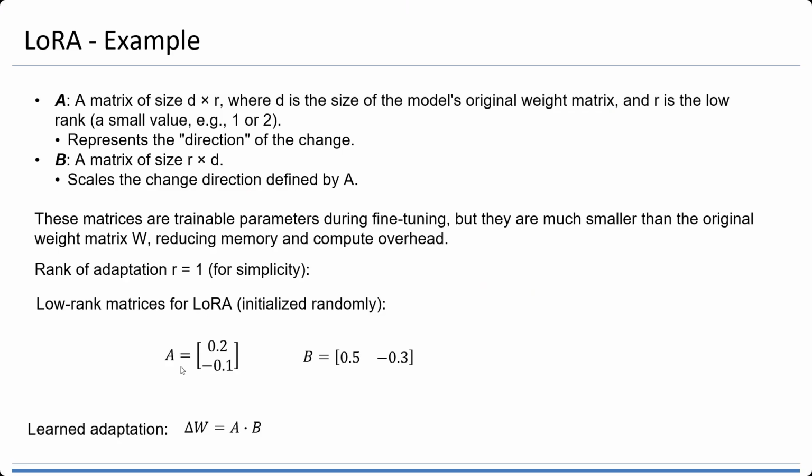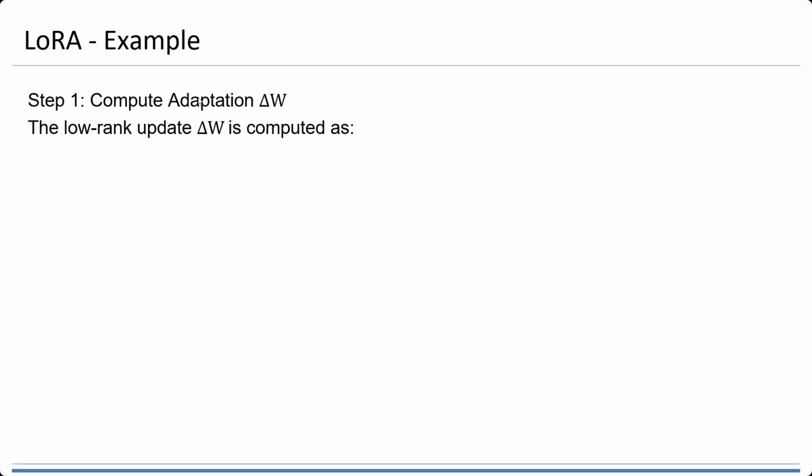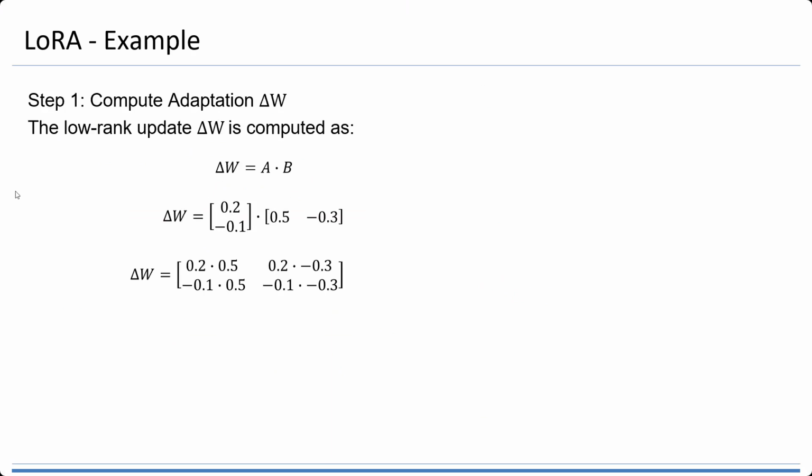The learned adaptation means we want to multiply A and B. So when we compute the adaptation delta W, it means we will compute the multiplication of A and B. This is the A, and then this is B. Then you know the matrix multiplication: 0.2 multiplied by 0.5, and then 0.2 multiplied by minus 0.3, minus 0.1 multiplied by 0.5, minus 0.1 multiplied by minus 0.3.